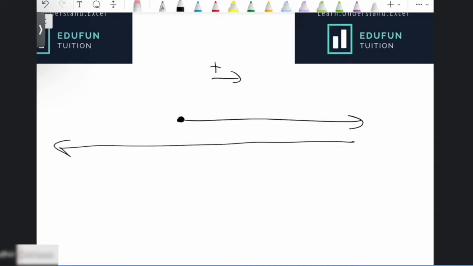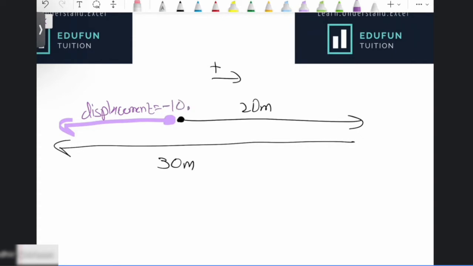So we went 20 meters that way, and then we went 30 meters this way. Now from start to end is my displacement. So my displacement in this case would actually be minus 10 meters, isn't it? Because I took that direction as positive.